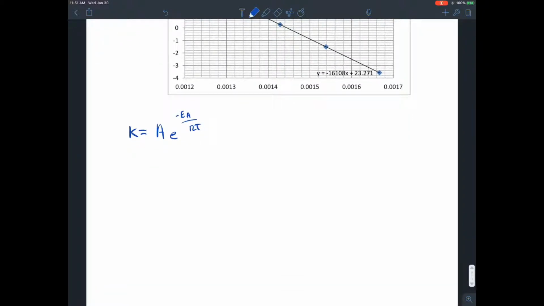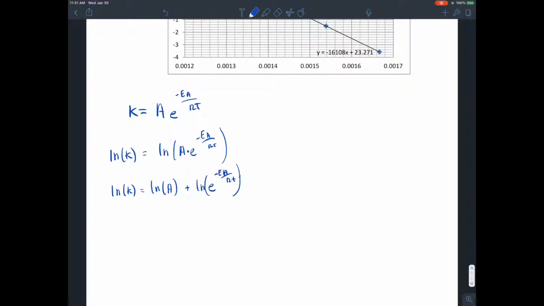That's going to be the natural log of K equals the natural log of A times e to the negative Ea over RT. Remember, this is a product in between, so we can separate that into addition: ln K equals ln A plus ln of e to the negative Ea over RT.